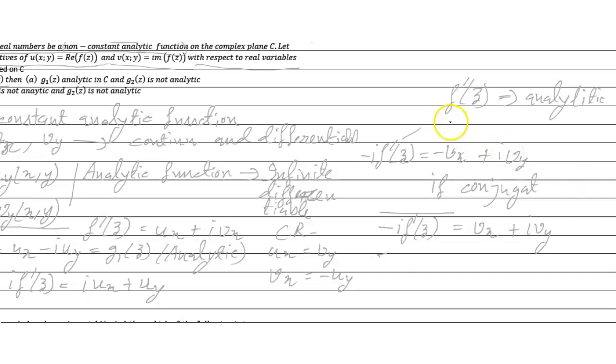So if I multiply with minus, then whatever we get, this value is v_x plus i v_y, not plus, this value is minus i v_y. So the conjugate function is v_x plus i v_y.